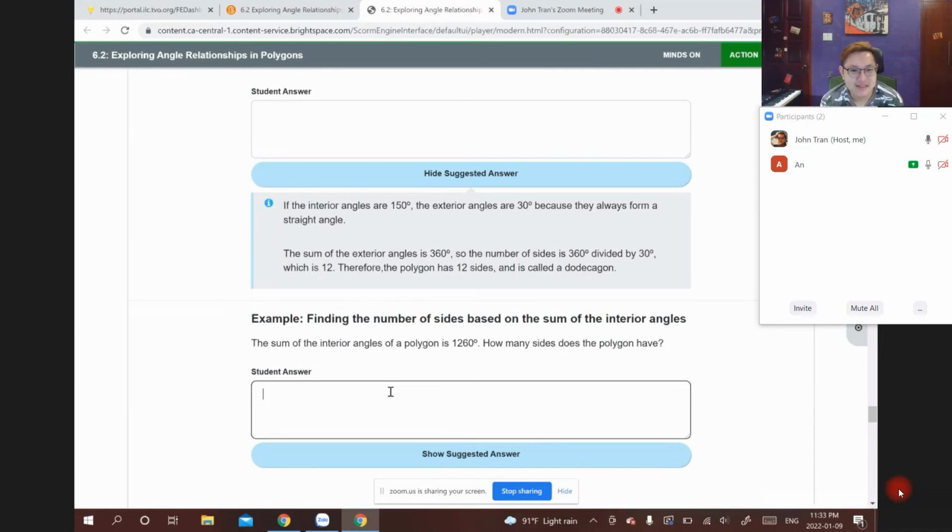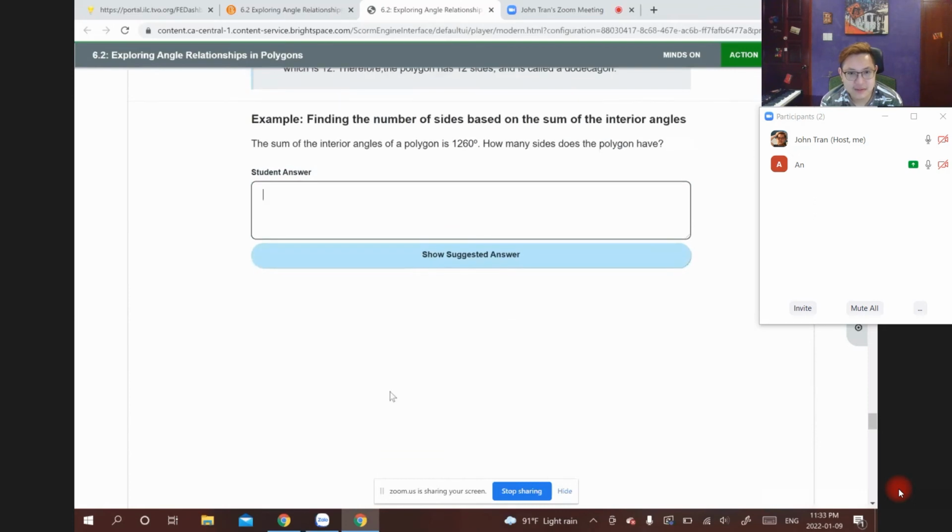Okay, now next one. The sum of the interior angles of a polygon is 1260 degrees. How many sides does the polygon have?